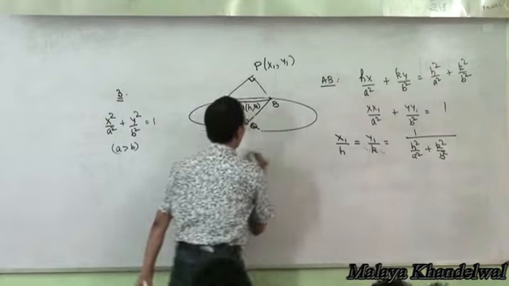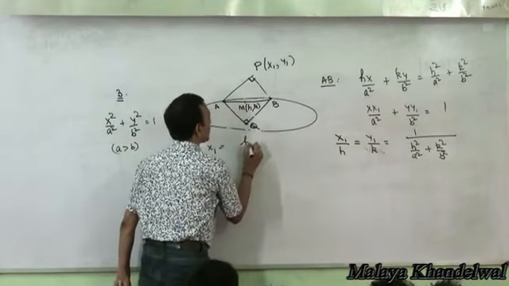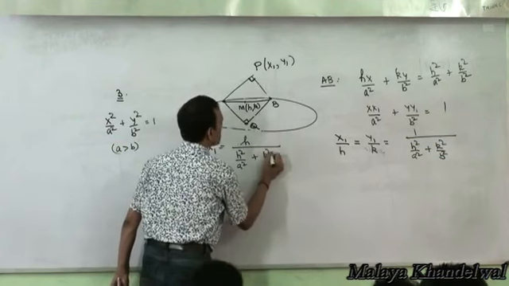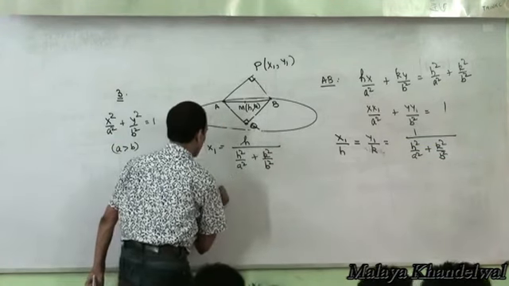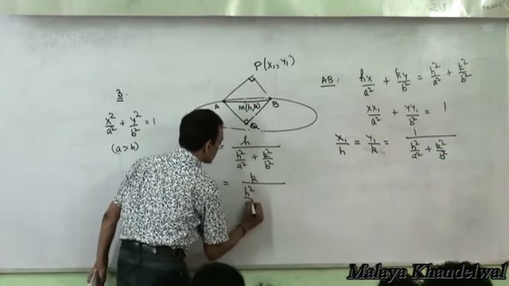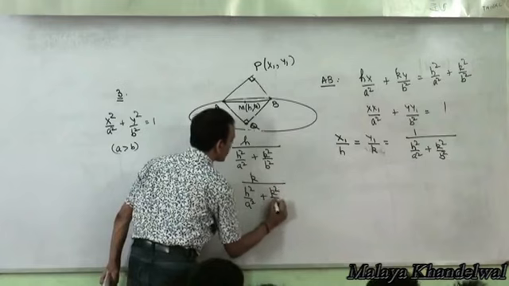So x1 turns out to be h by h squared by a squared plus k squared by b squared, and y1 must be k by h squared by a squared plus k squared by b squared.